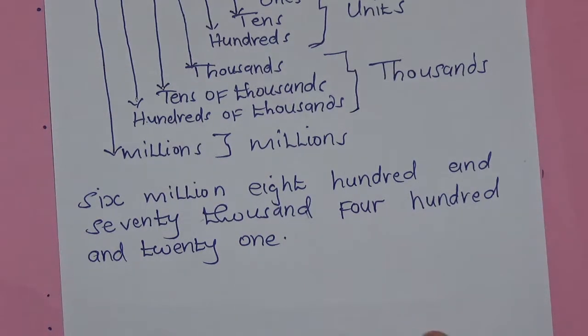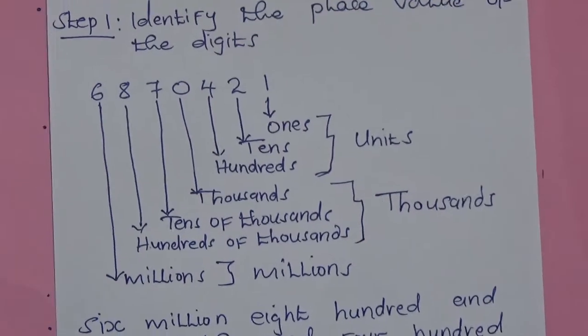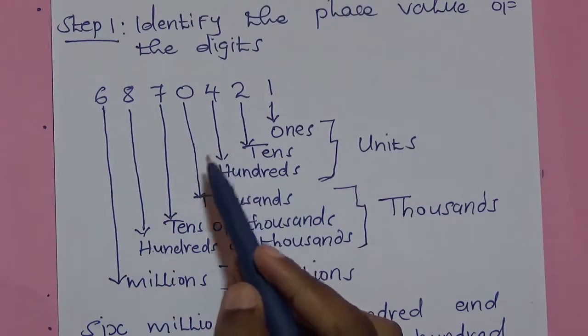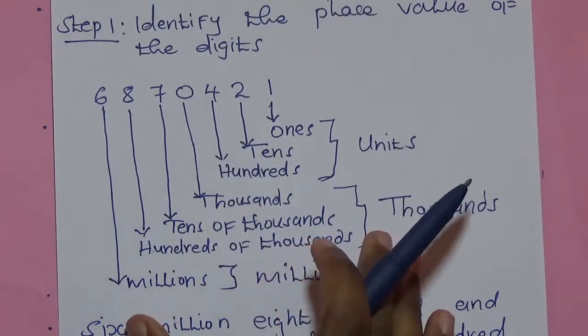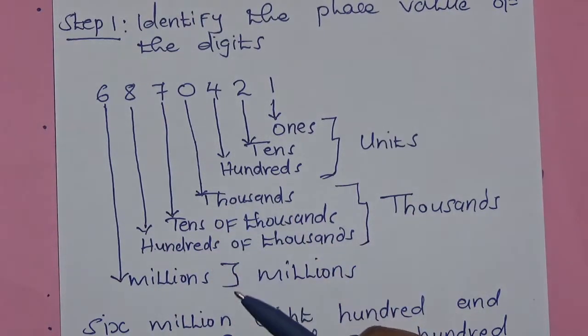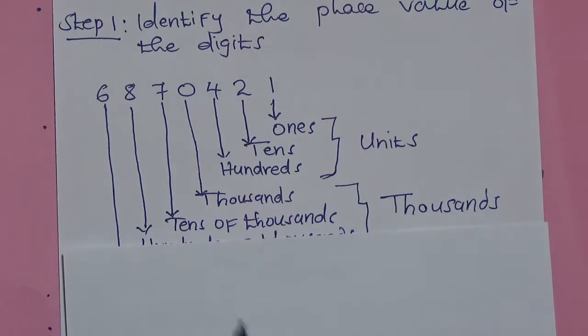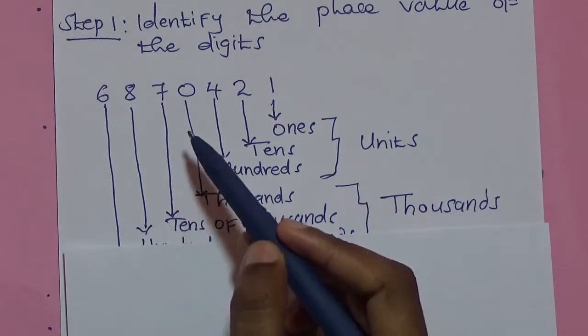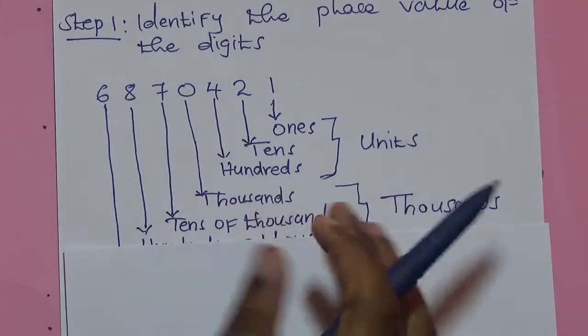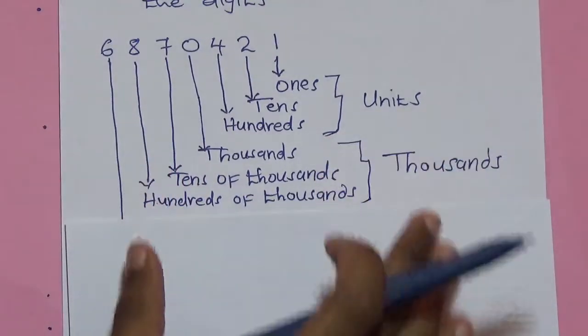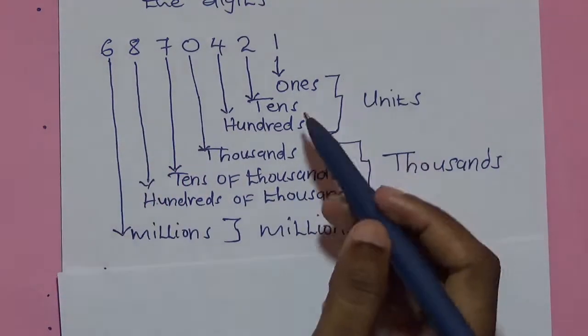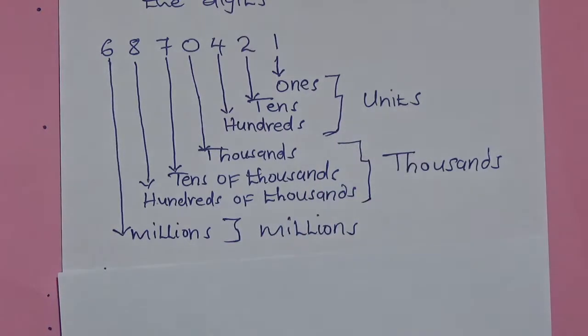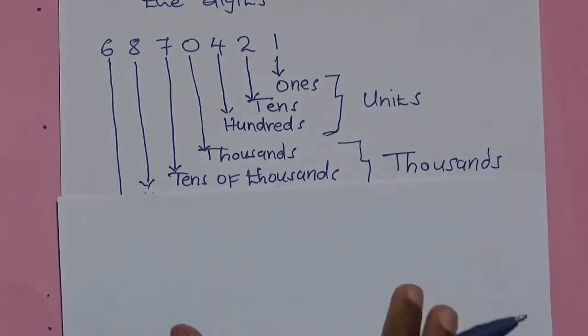Now, I have shown you how to write a number in words, or the basis on which you write a number in words. Now, I want to show you a simpler way of writing a number in words, because in an exam situation, you may not have time to write this down. So, I want to show you a shorter way.